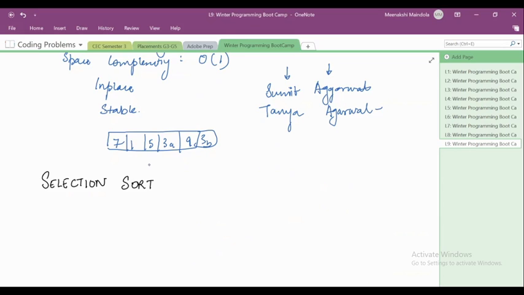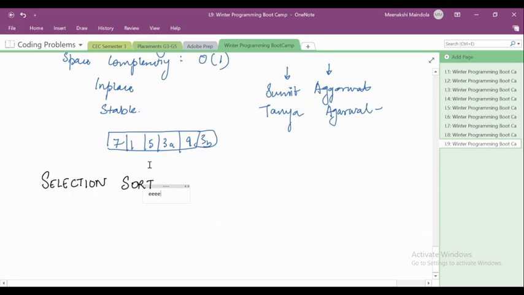Yes, anyone? Search for the smallest element and swap it with the current element.